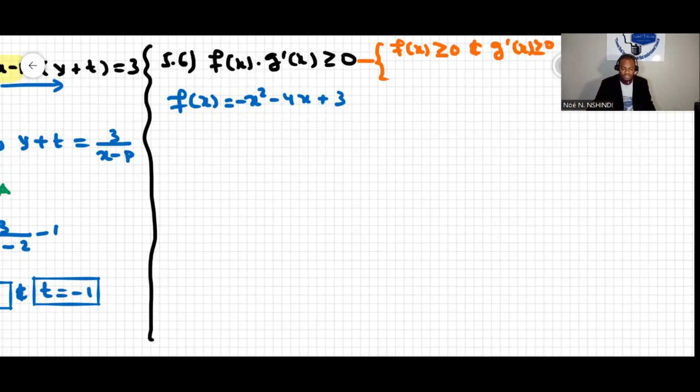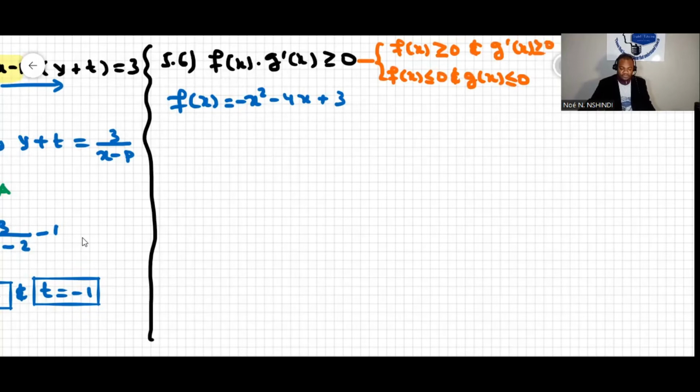Or f of x is negative and at the same time g prime of x is also negative, because negative times negative will make positive. So we can look at the graph and see where f of x is positive.